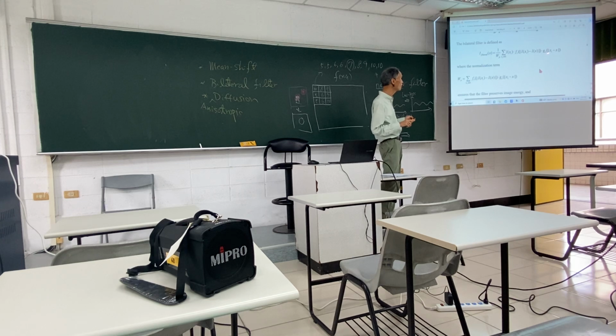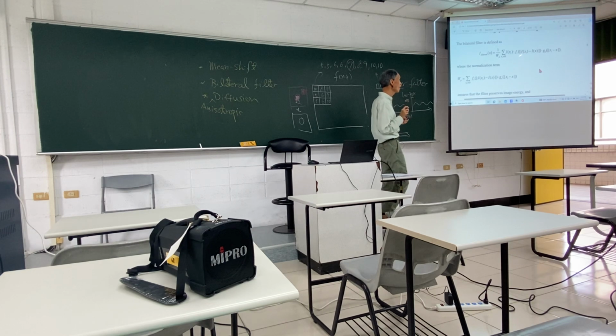And take a look, we have another function, okay? Then the weight is determined by what? The location, the distance between its neighbor Xi and X, the center of the window. So g has something to do with the spatial information.